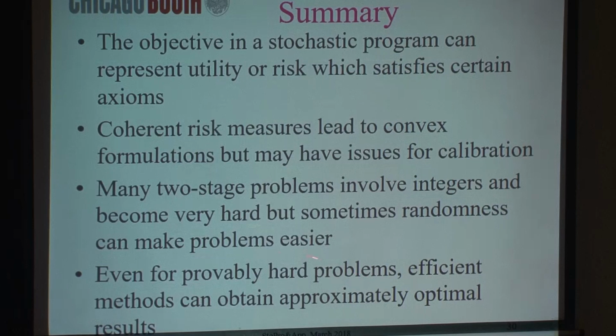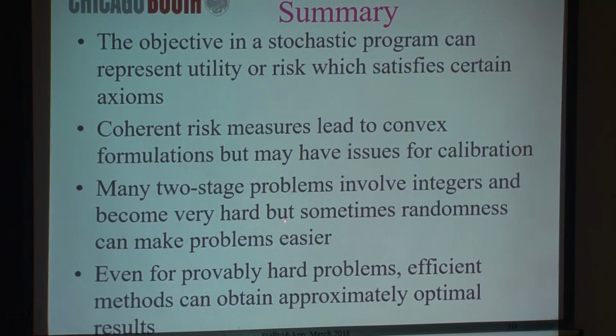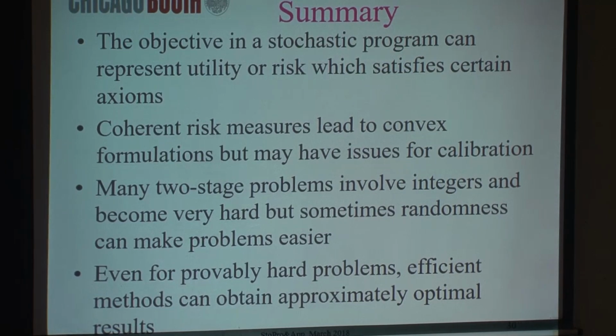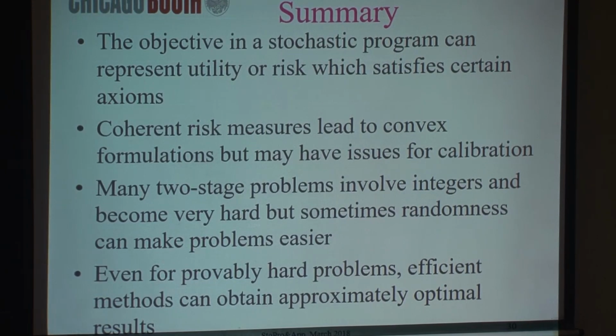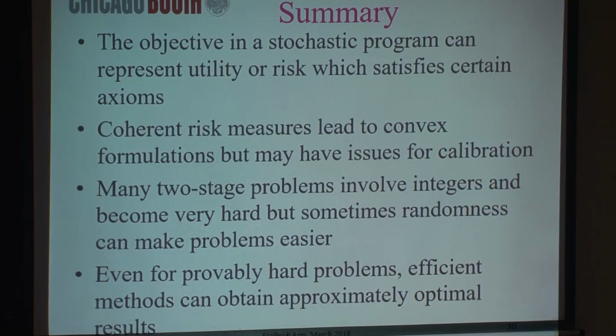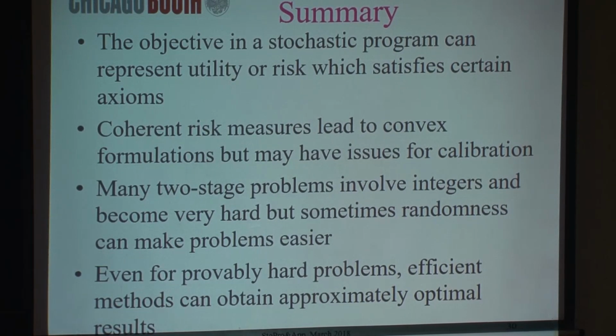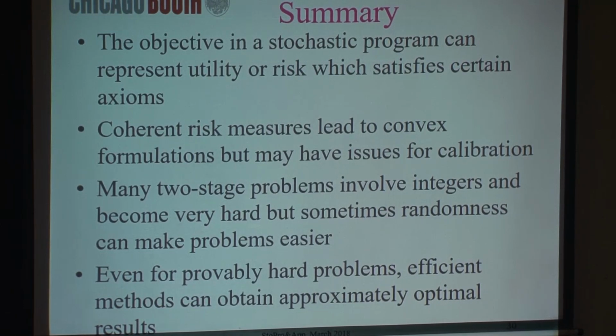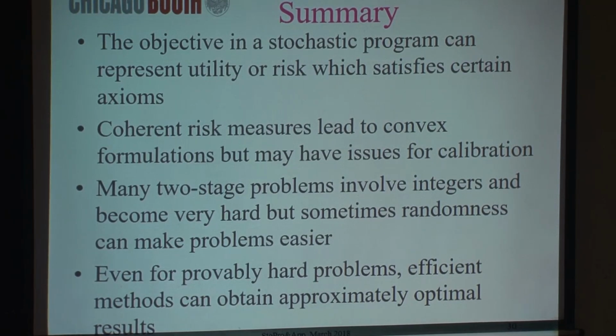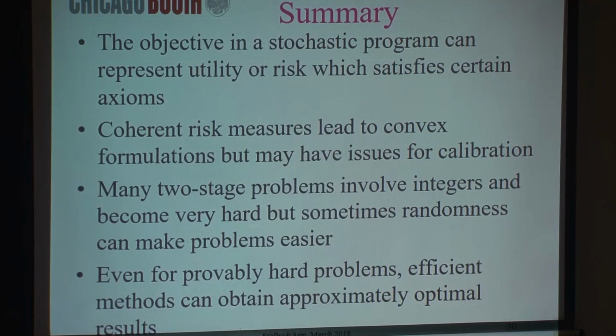However, there are some special cases. In special structure problems, like that scheduling problem, it may be that randomness, particularly when it's unpredictable, is such that a simple solution is best.